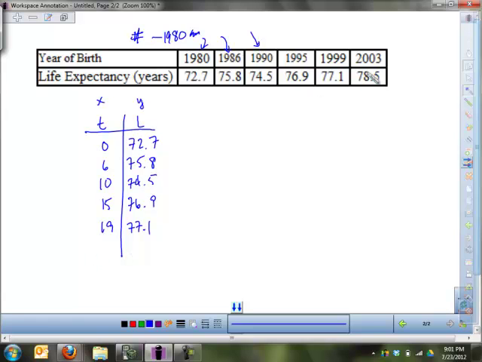And 2003, that's 23 years from 1980, 78.5.